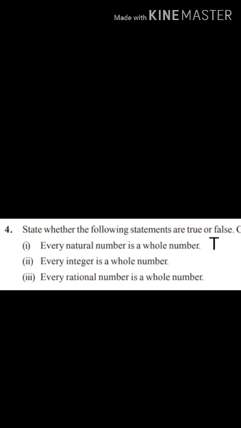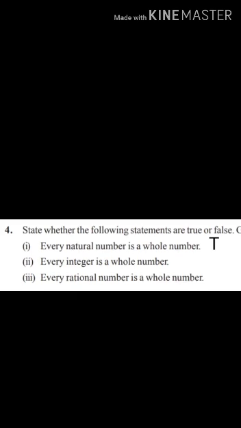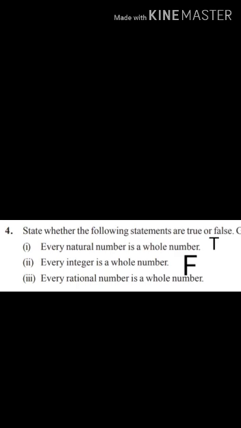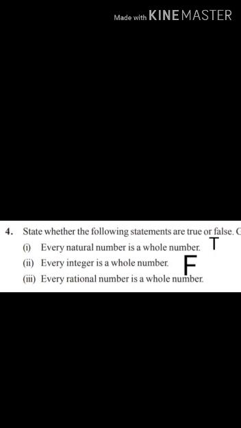Now, moving on to the second statement, every integer is a whole number. So from the diagram itself, we can say that the statement is wrong because every integer is not a whole number, especially the negative numbers do not come under the category of whole numbers. So the second statement becomes false.